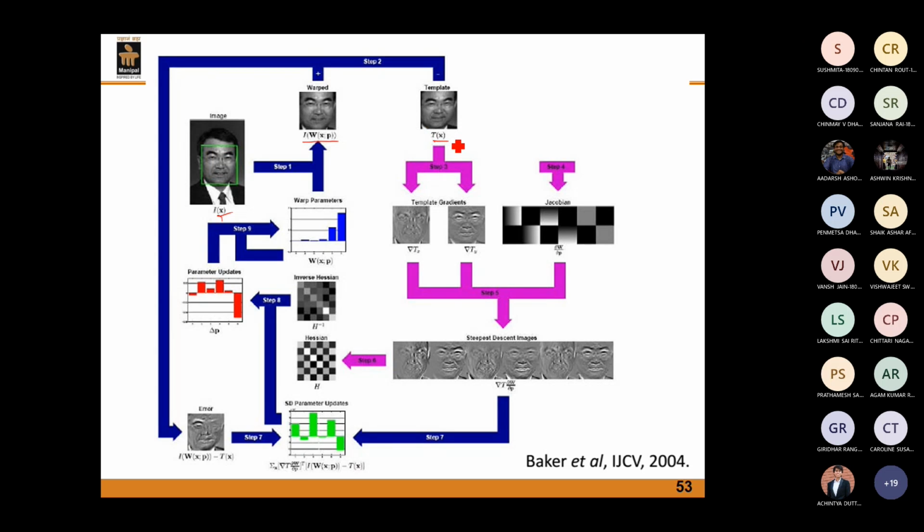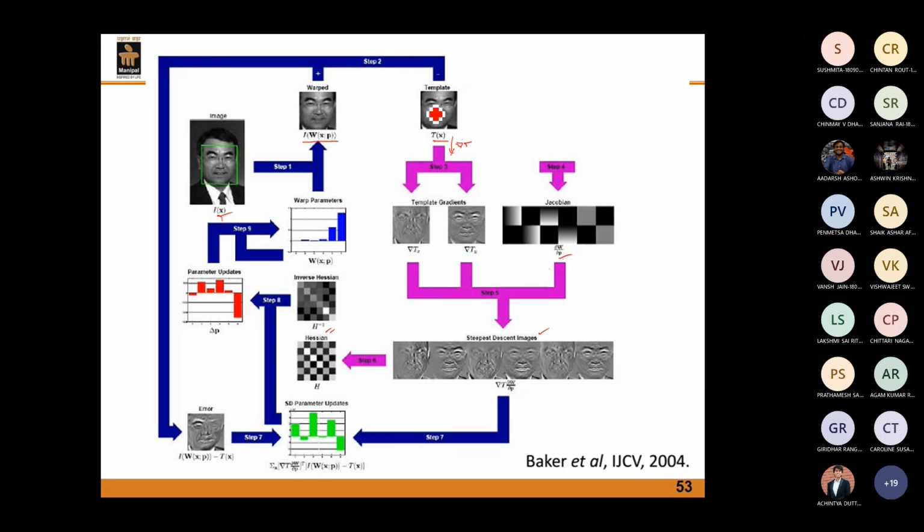Once you have T of x, in the improved formula, from T of x you can calculate the gradients, along the x direction as well as the y direction, and the Jacobian dW by dp is also calculated. Once you have the gradient information and the Jacobian together, these can be used to calculate the steepest descent images. All you're doing is multiplying these two, and you have these different frames, a pictorial representation which shows that. Then you calculate the H inverse matrix, using the same parameters, that is delta T as well as the Jacobian.